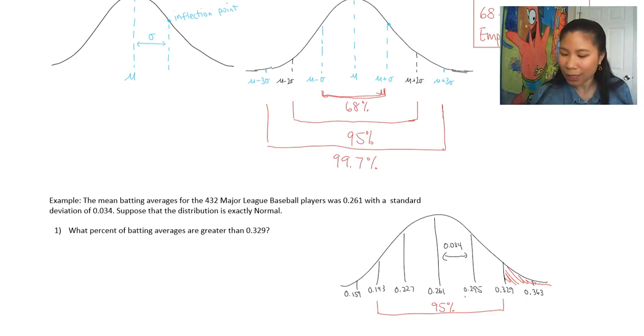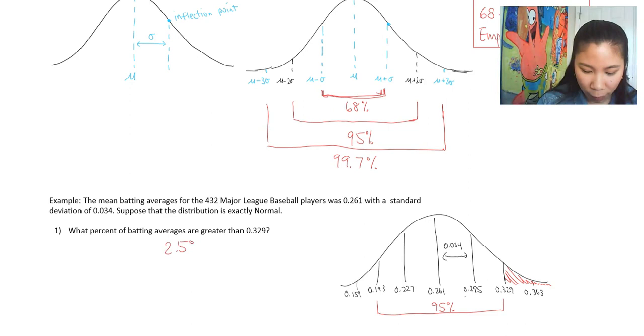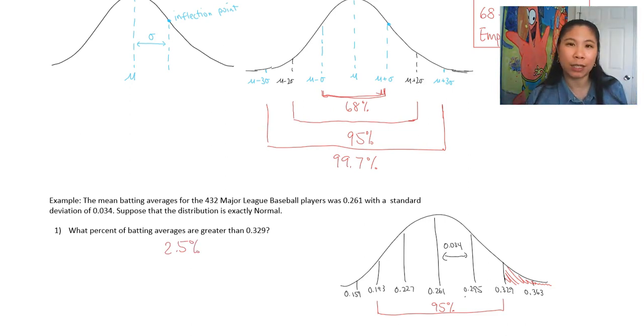But we want the outside area of that. So if I know 95% is in the middle here, that means if the total area is 100%, then 5% has to be on the outside of both sides. So the right side and the left side should total 5%. So if I just want the right side, then I can split that in 2 to get 2.5% of everything greater than 0.329. So that was my reasoning, my thinking for it.